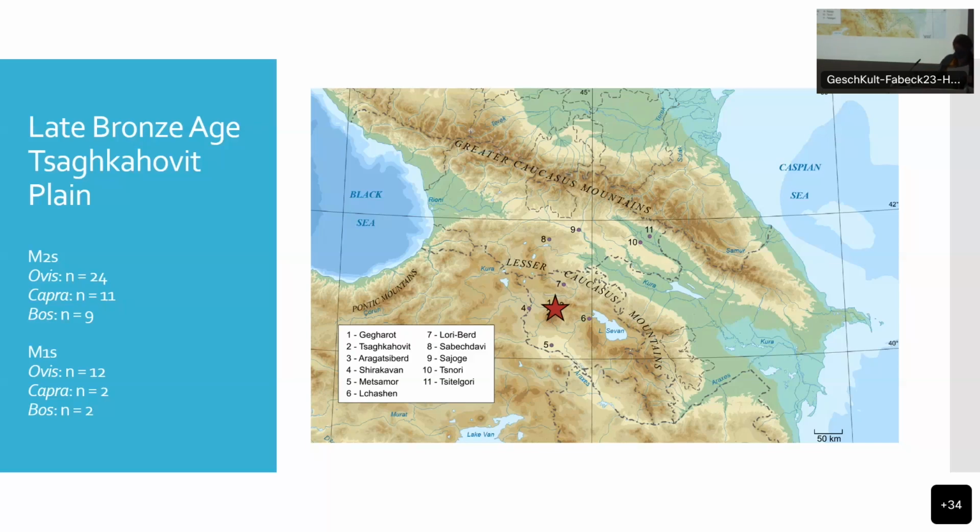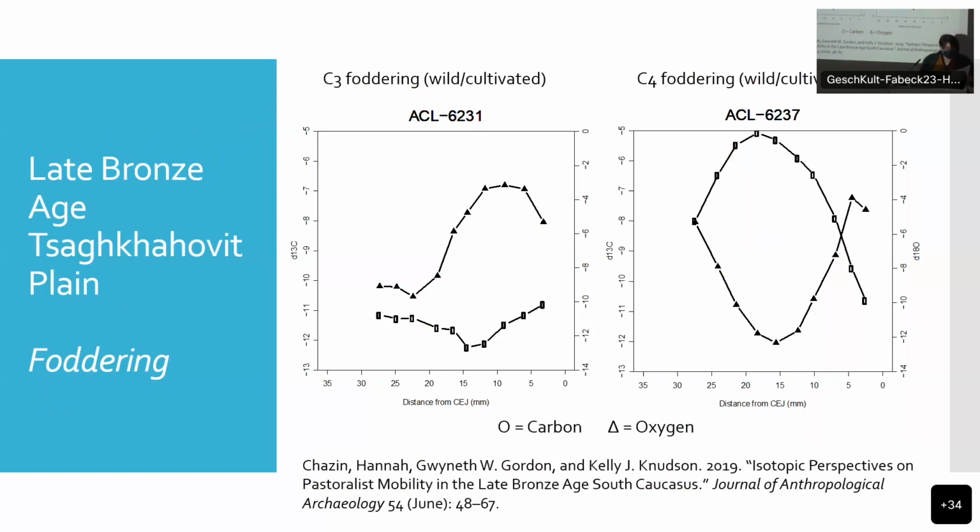While the oxygen and carbon data did show some evidence for vertical mobility, what emerged more strongly was evidence for foddering and then some other weird trends in the data.